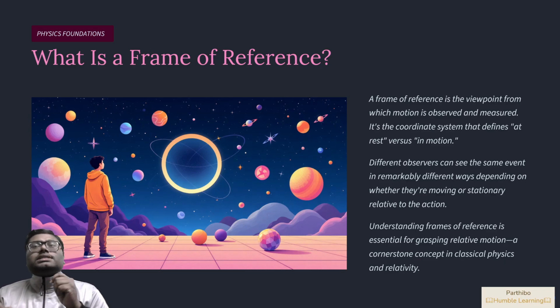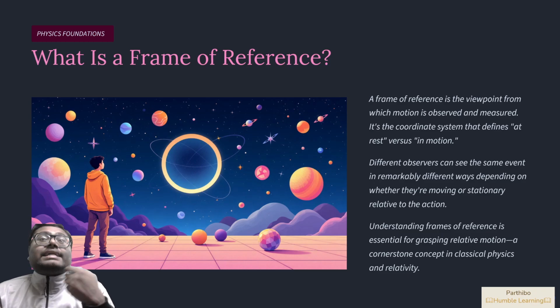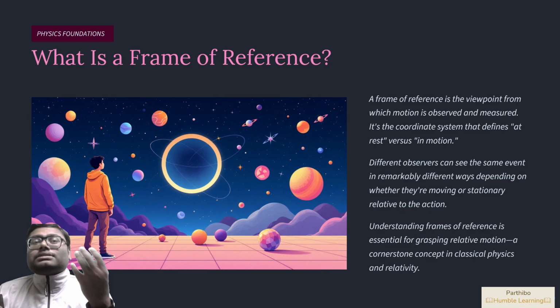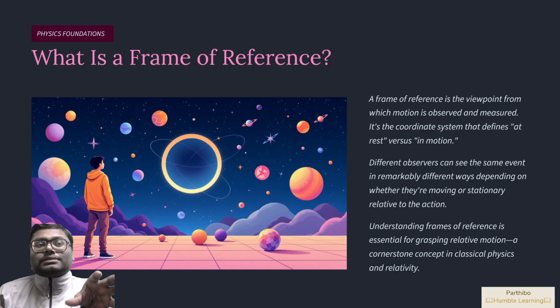It's the coordinate system that defines at rest versus in motion, whether a body is at rest or in motion. It is always compared with certain things or a certain object, and the object that we take for comparison is known as the frame of reference.